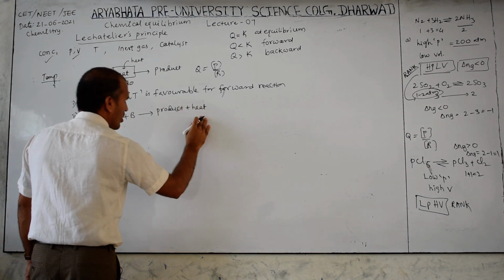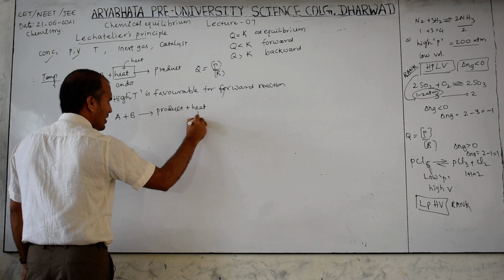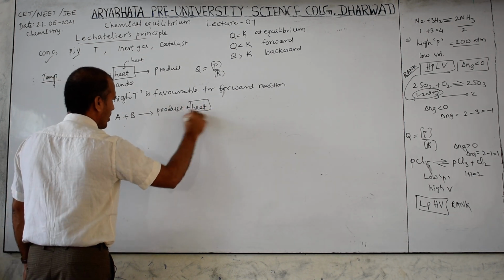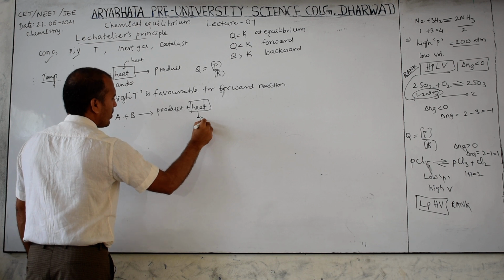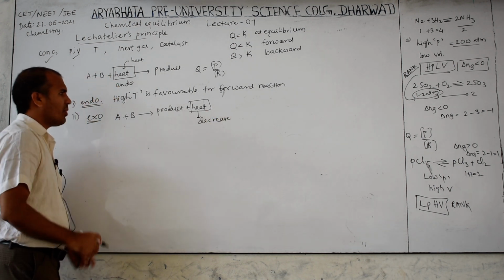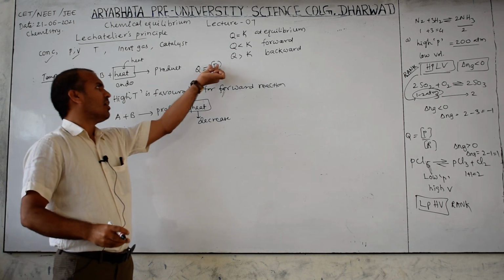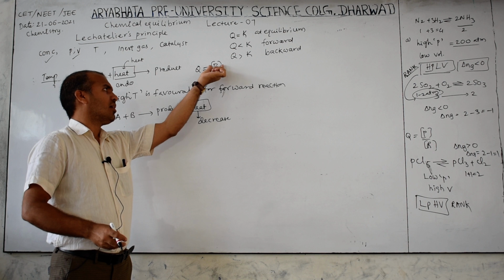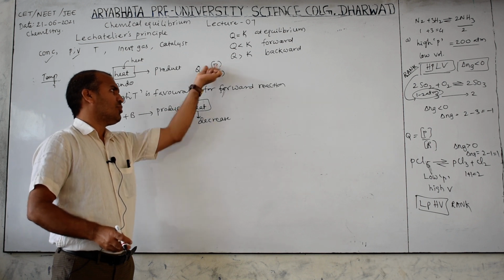So if you decrease the temperature or heat, then what happened? Product side, numerator: product plus heat is the numerator.